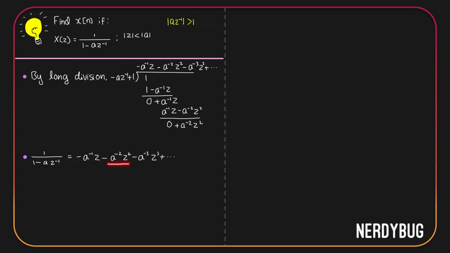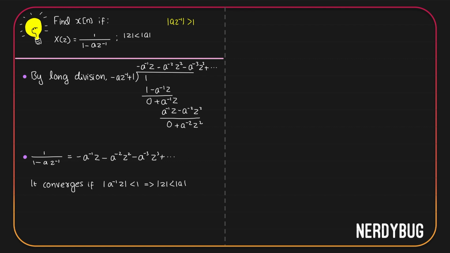Second term is minus a raised to minus 2 z square. This is actually the first term multiplied by a raised to minus 1 z. So its common ratio is also a raised to minus 1 z. So this will converge to a finite value if the magnitude of the common ratio a raised to minus 1 z is less than 1. Or we can say magnitude of z is less than the magnitude of a. This is exactly the condition we have in the question, so we are good to go.